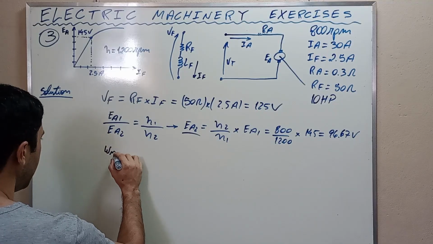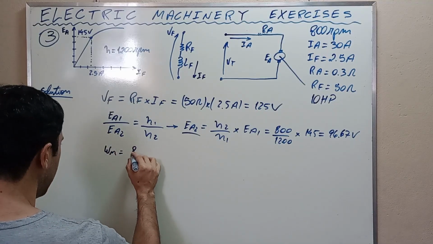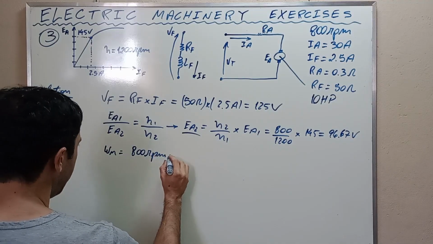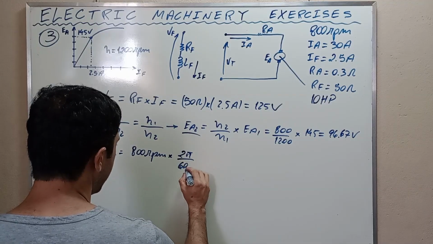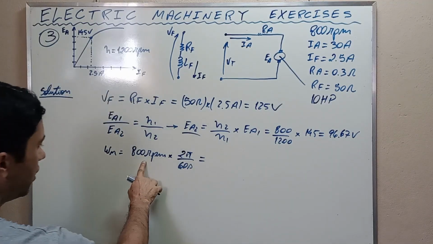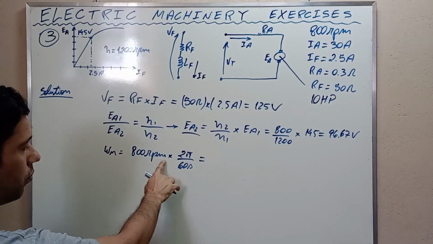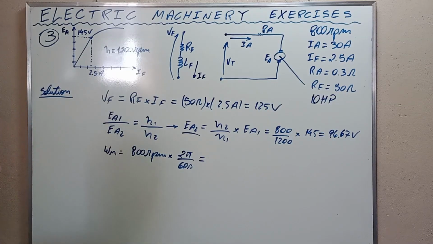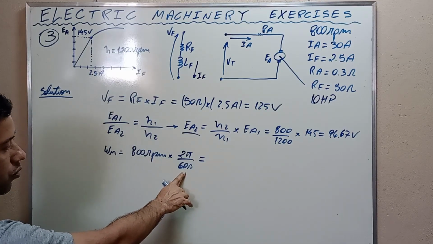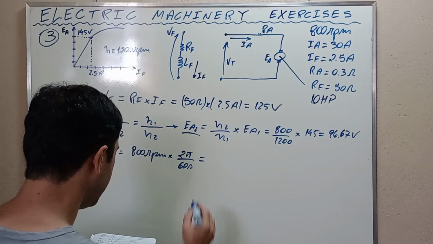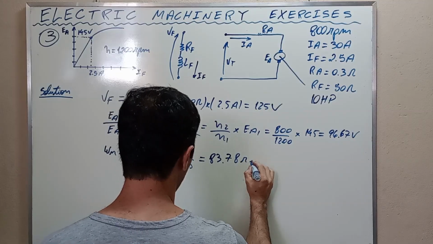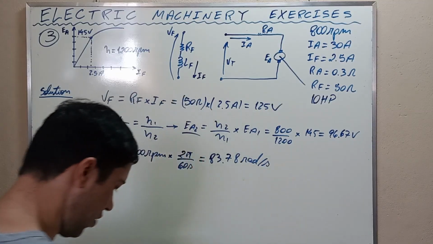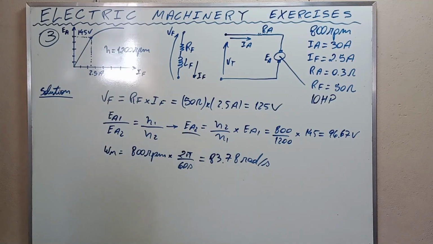Okay, Wm is going to be equal to 800 RPM times 2 pi radians divided by 60 seconds, because RPM means revolutions per minute, and in 1 minute we have 60 seconds, and this is equal to 83.78 radians per second. Okay, my friends, this is the velocity in radians per second.